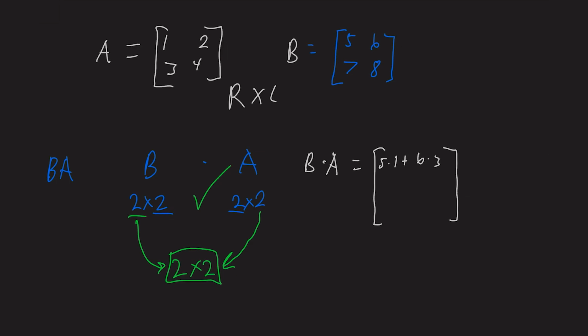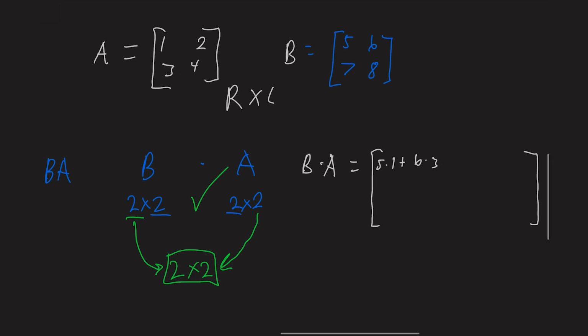I'm going to need to move this a bit further out to give me enough room. That is the first position in my resultant matrix. We're going across this way, rows, and down this way, columns. I'm going to keep reiterating this because it's a pretty confusing topic. Remember, first element times first element, second element times second element.